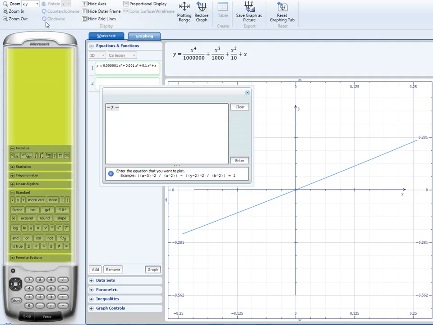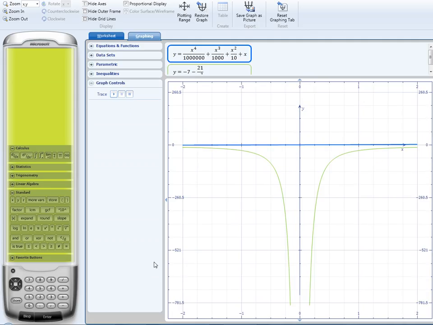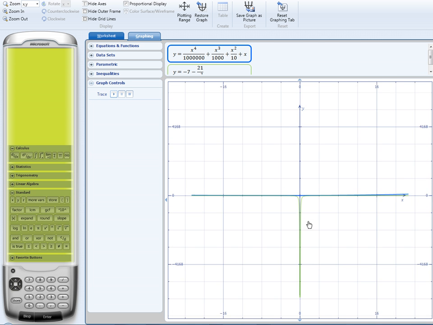All right, let's try this. Okay, so there it is, right? There's my function.